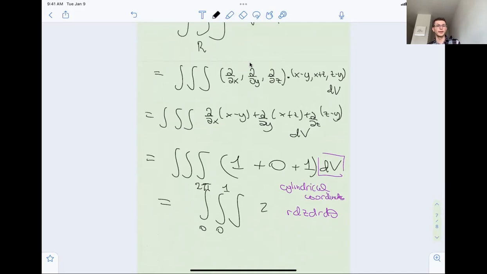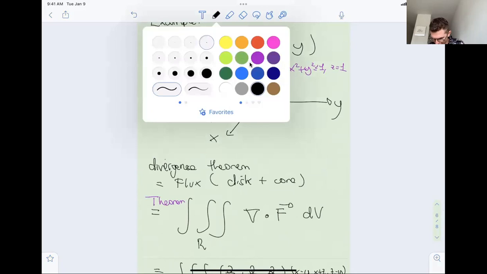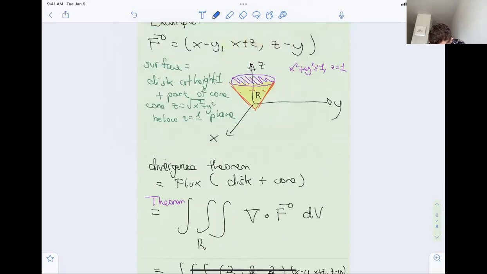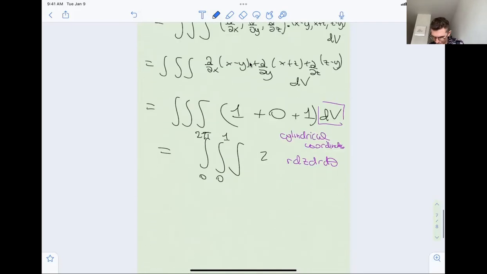R to 1. Yeah, r to 1 because, if you draw the arrows, the cone is z equals r, and so they start at z equals r and they end at z equals 1.